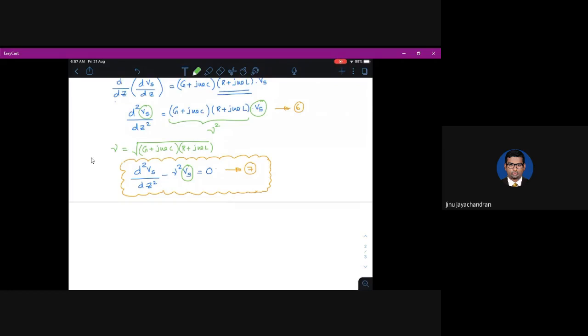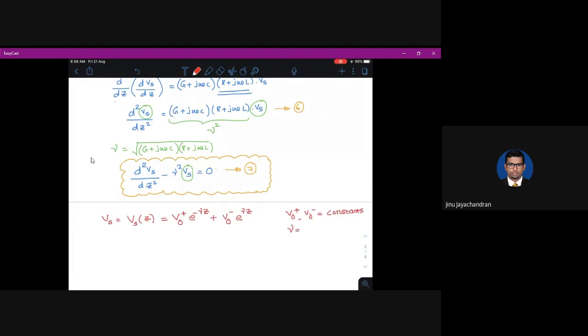So the final equation of the voltage Vs is equal to V0 plus e raised to minus gamma z plus V0 minus e raised to plus gamma z, where V0 plus and V0 minus are constants.